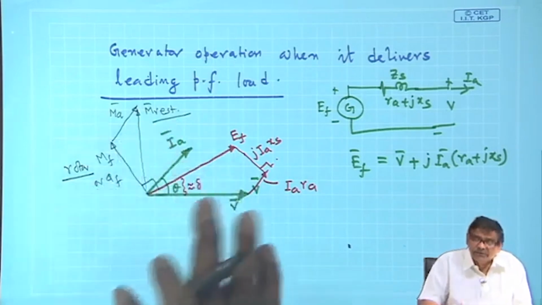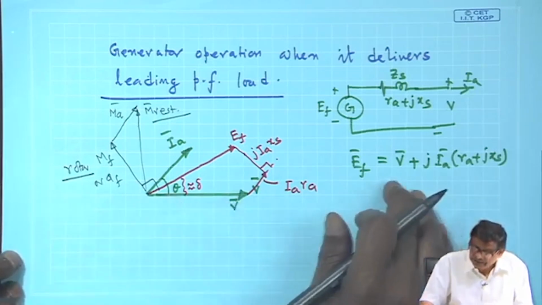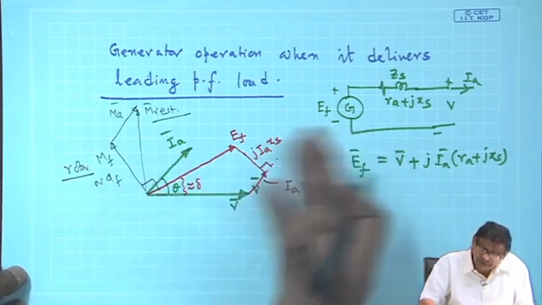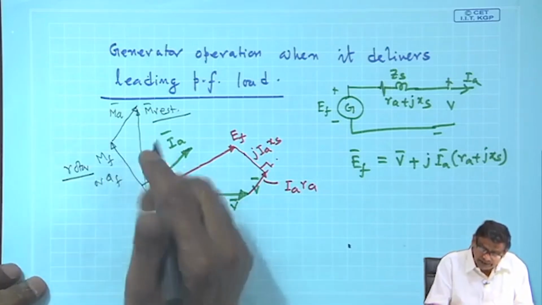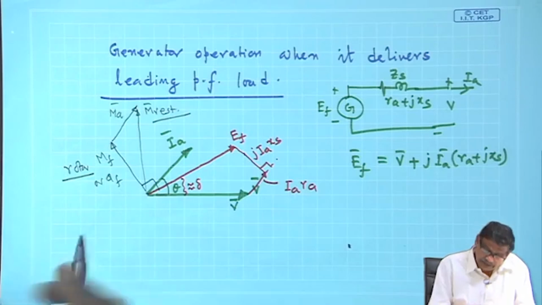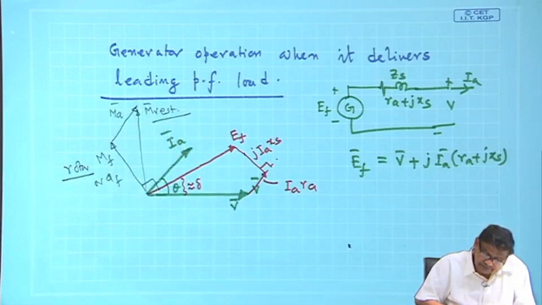The notations I have used in the synchronous machine: rotor field is MF, net field is MR, sometimes I am writing, but it is resultant field MR, because MF plus MA, this is M resultant.